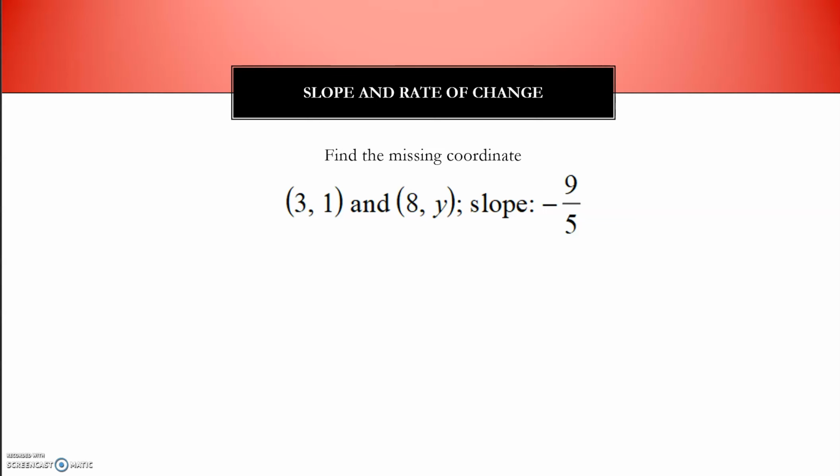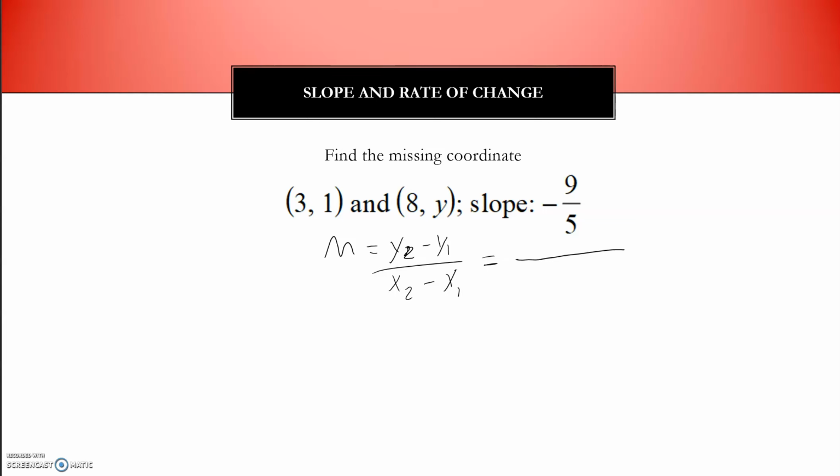The last thing we want to look at is what happens if I don't know one of the coordinates. So in this case, I know the ordered pair 3, 1, the ordered pair 8, y, so I'm missing the y coordinate, but I do know the slope. I'm going to use the formula m equals y2 minus y1 over x2 minus x1.